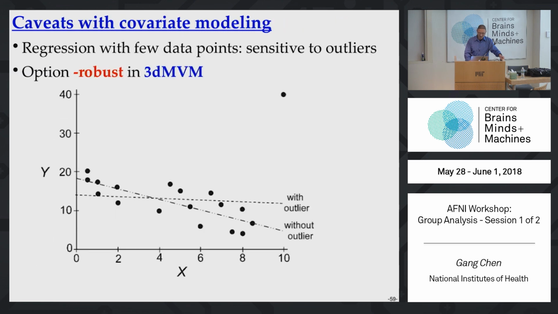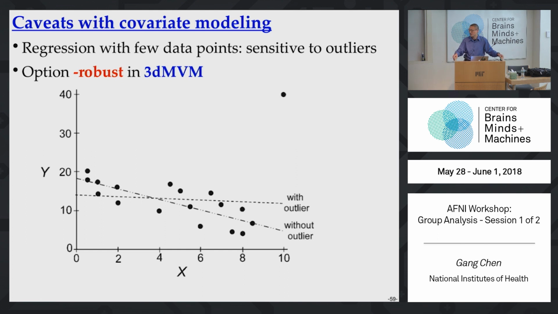Before we talk about the centering issue, one thing I briefly mentioned this morning is that whenever we have outliers, a quantitative variable always has the danger of outliers. Traditionally people may just remove those outliers.